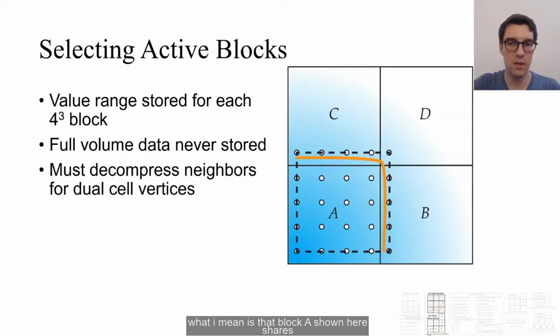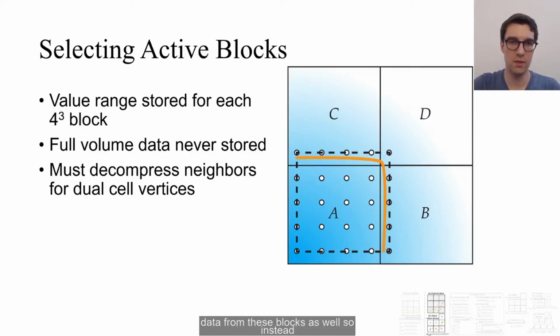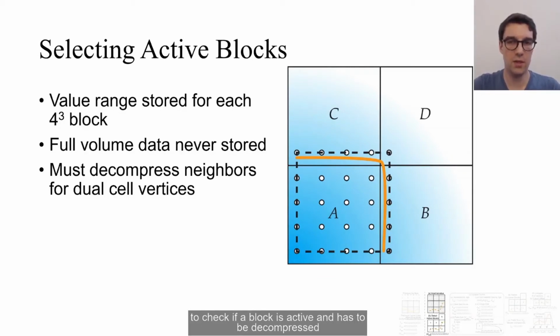What I mean is that block A, shown here, shares vertices with its neighbors B, C, and D on its dual grid, and so we actually need data from these blocks as well. So instead, to check if a block is active and has to be decompressed, we check if the union of it and its neighbors' value ranges contain the ISO value. If it does, then the block has to be decompressed.